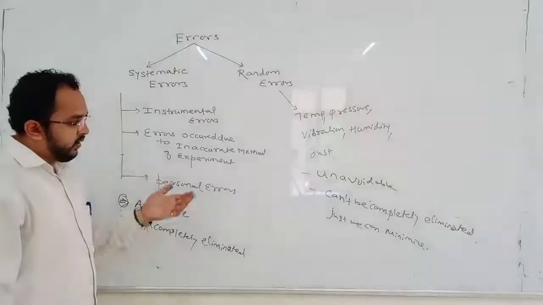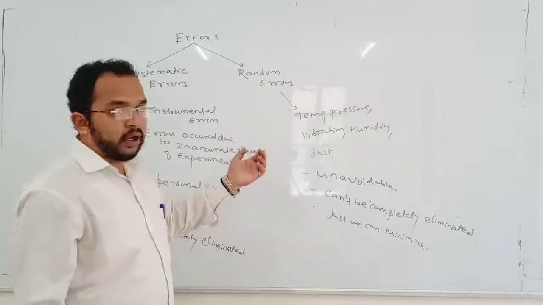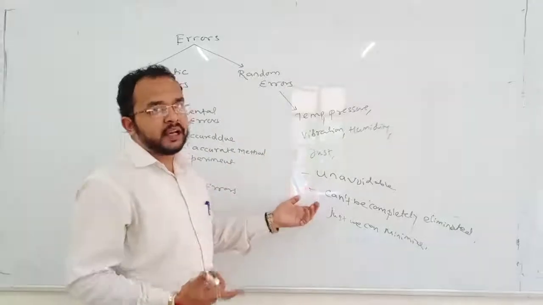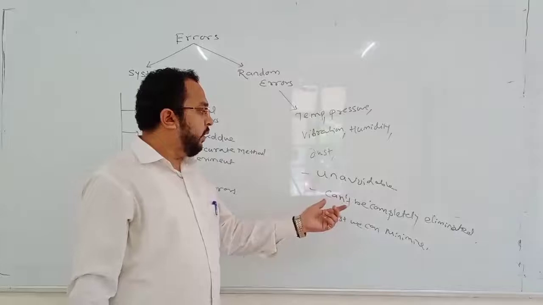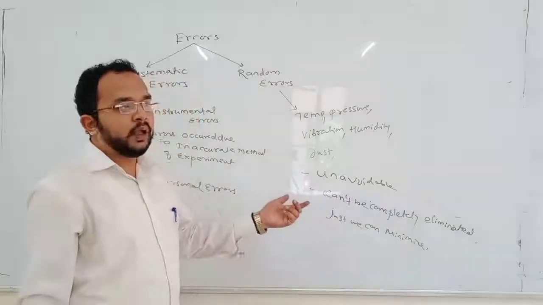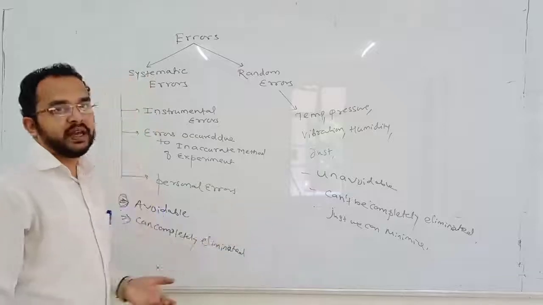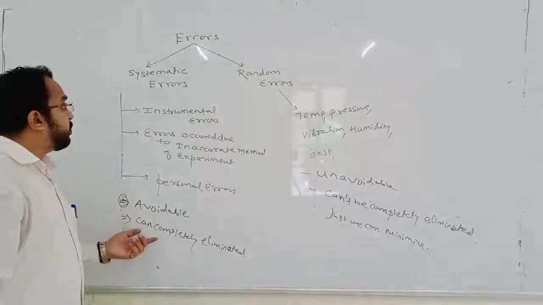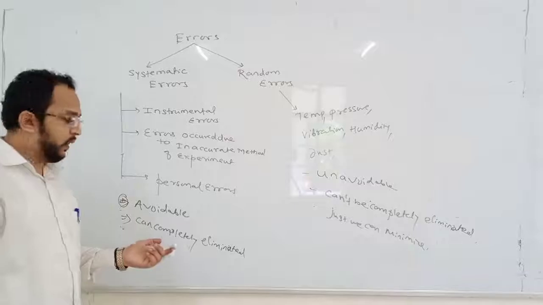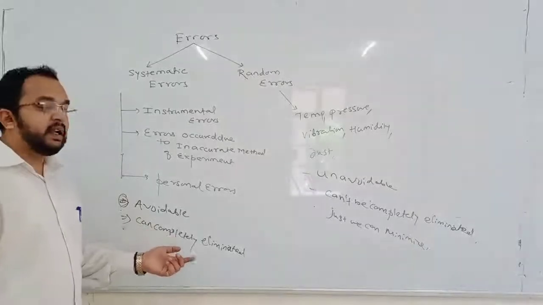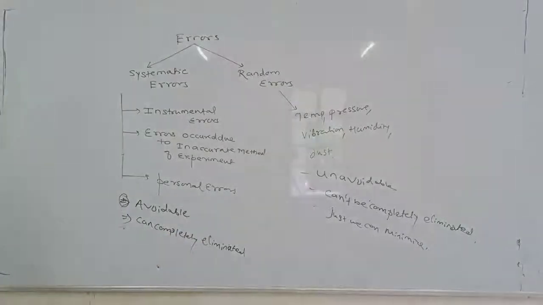And here these errors are unavoidable. ते कसे कुठे येतात? We don't know the exact cause of these errors, and we can't completely eliminate these types of errors. Just we can minimize the errors. But here these types of errors are avoidable and can be completely eliminated.